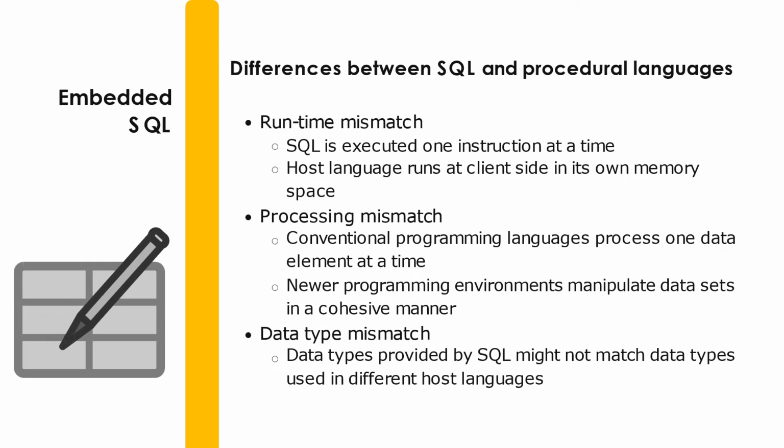However, newer programming environments such as Visual Studio.NET have adopted several object-oriented extensions that help the programmer manipulate datasets in a cohesive manner. And last is data type mismatch. SQL provides several data types, but some of them might not match data types used in different host languages. For example, the date and varchar2 data types.